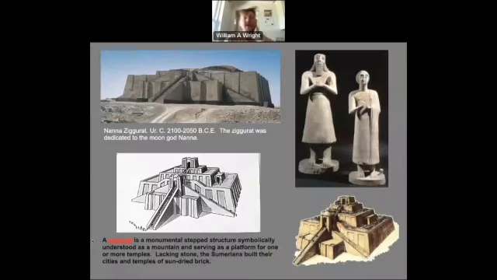In any case, the Sumerians don't just contribute writing, they also contribute the stepped pyramid or the ziggurat. In Mesopotamia, we call it the ziggurat. It's a monumental step structure symbolically understood as a mountain and serving as a platform for one or more temples. It's basically a building that they built to look like a mountain, right?